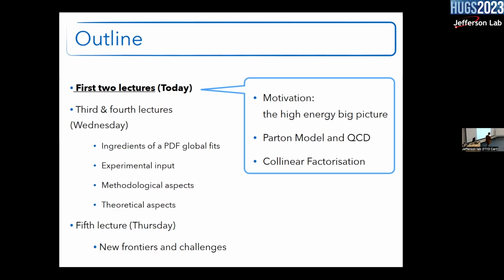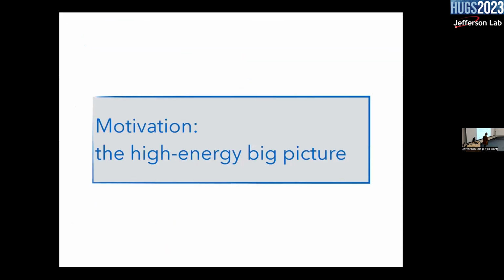And then I will finish with collinear factorization. Who of you has heard about collinear factorization? 1, 2, okay. 3, 4, some, okay, good. Hopefully by the end of these 2 hours, it's going to be clear what it is and why we rely on that for many of the theoretical predictions we do. Okay, very good. And then tomorrow we'll go through other stuff, but I will tell you tomorrow.